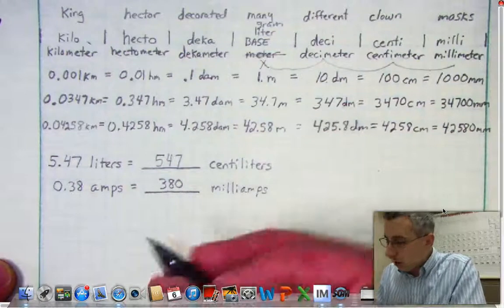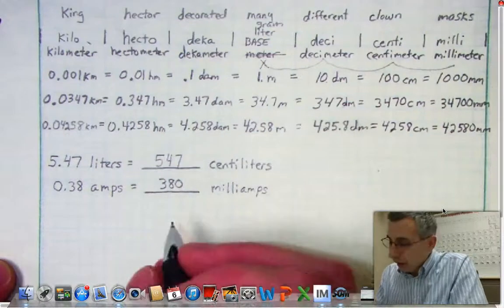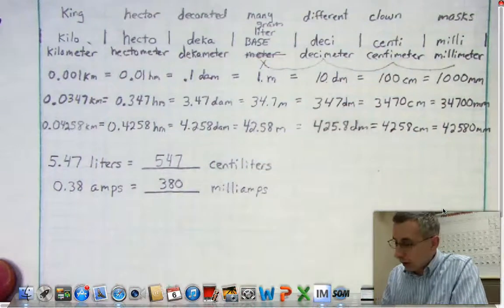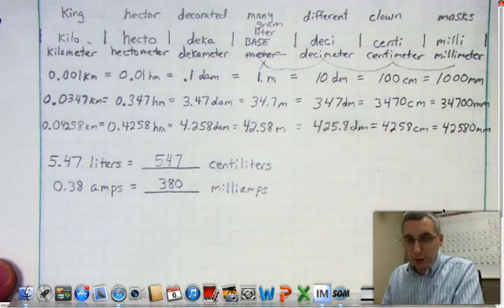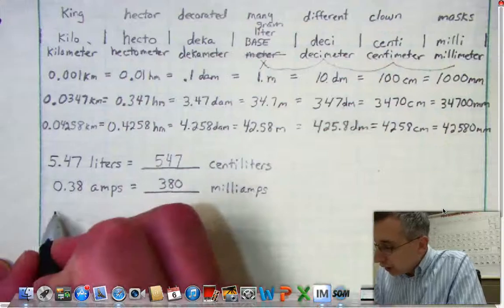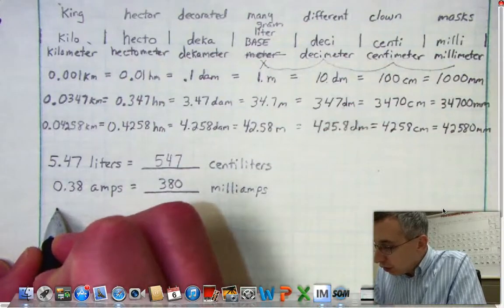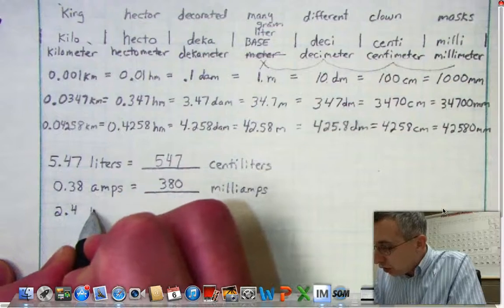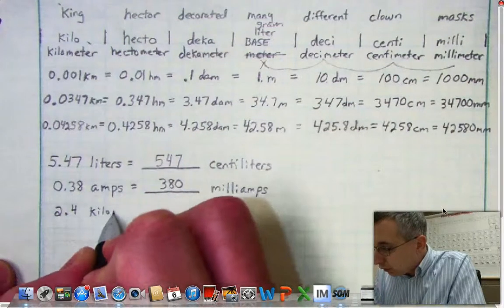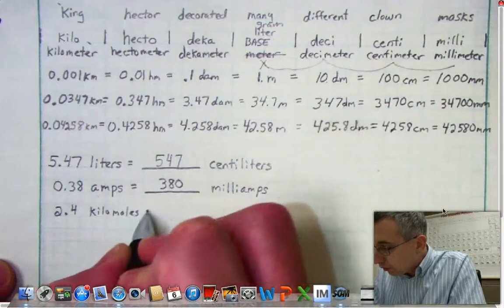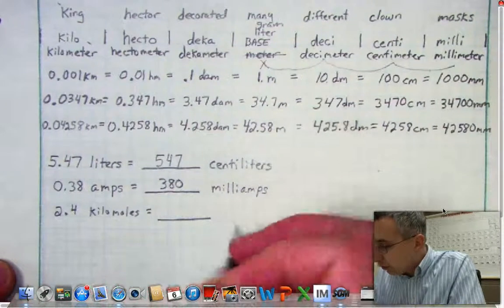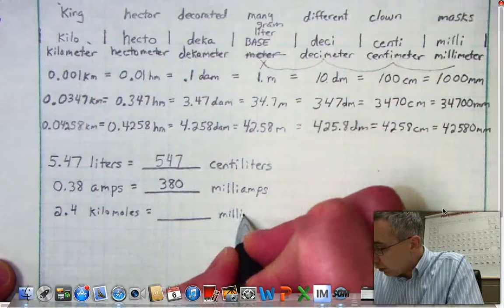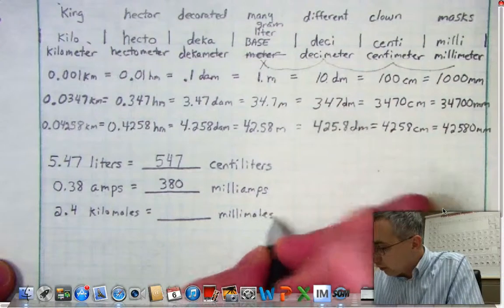Another unit you might run into is called a mole. And the term mole is used in chemistry, and we will learn more about it coming up. And you don't need to know exactly what it is right now. If someone said that you have 2.4 kilomoles and asked you how many millimoles is that?